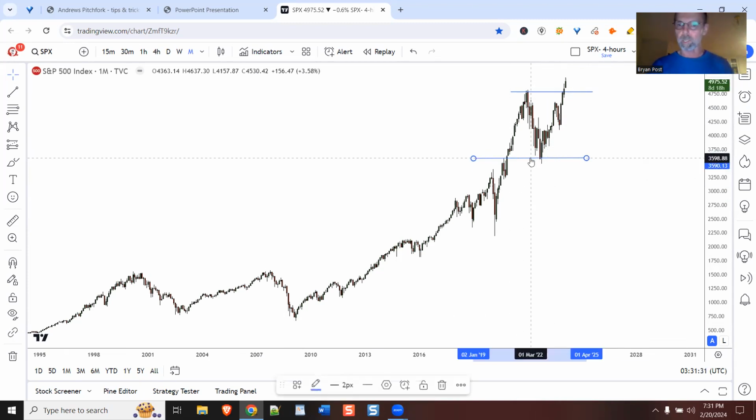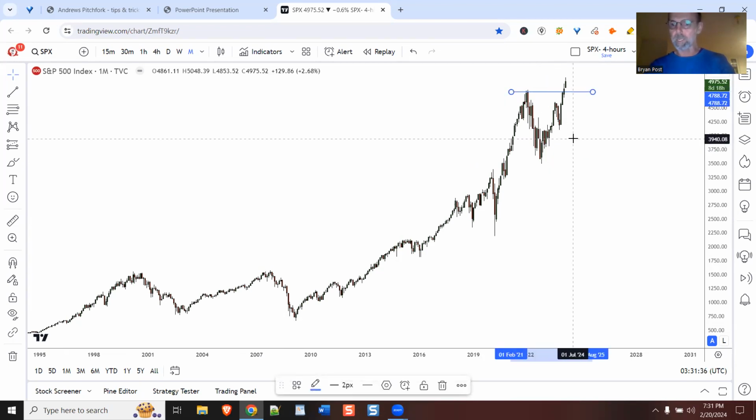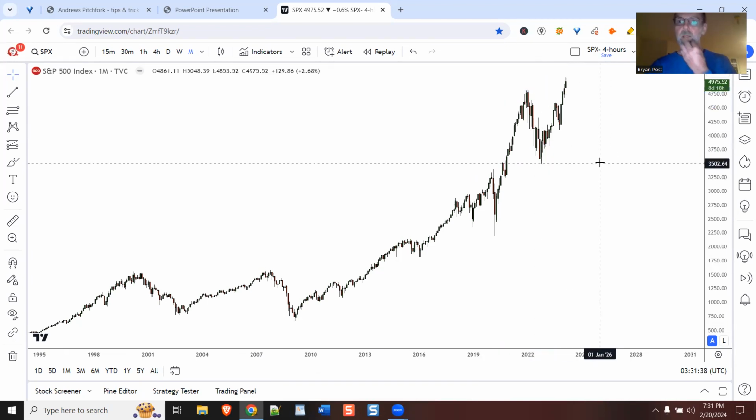We're not going to focus on horizontal support and resistance levels. But if we were doing my full-blown approach to charting, that's usually where I start, with identifying horizontal support and resistance levels.